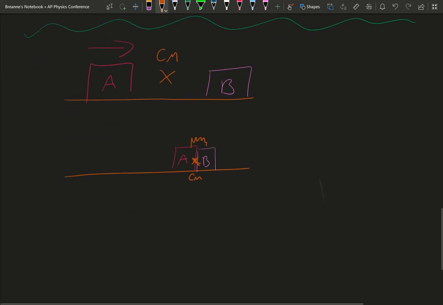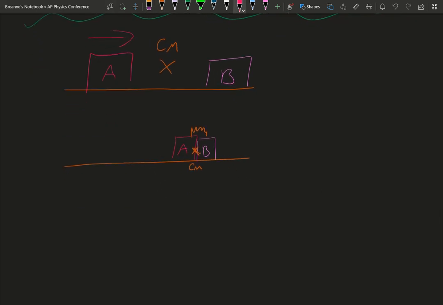So again, they just have two dots. So this will represent block B, or A, sorry, this will represent block B, kind of going with the colors and the sides. All you're doing is drawing which direction the net force would be as they collide.